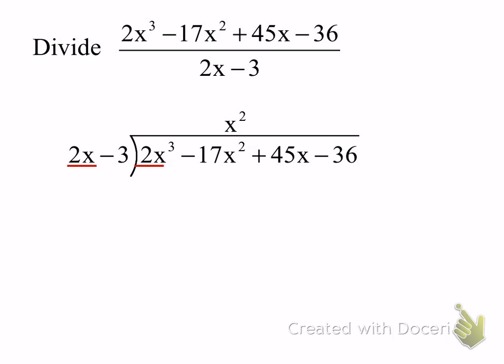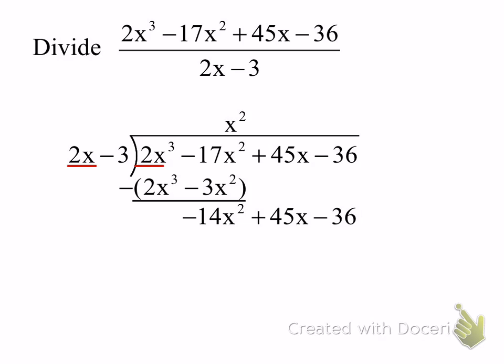And when I multiply x squared times this whole binomial, what do we get? 2x cubed minus 3x squared. And I'm going to subtract the whole thing. We end up with, now you'll notice my PowerPoint brings everything down. I usually just bring what I need one at a time. Just ignore this.